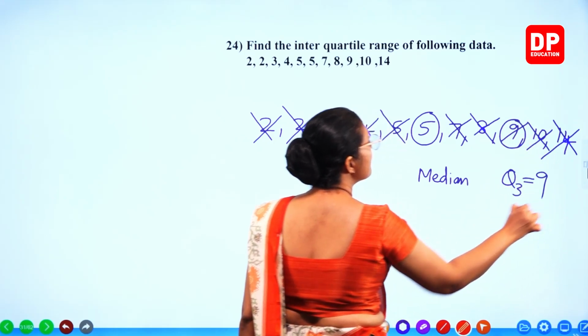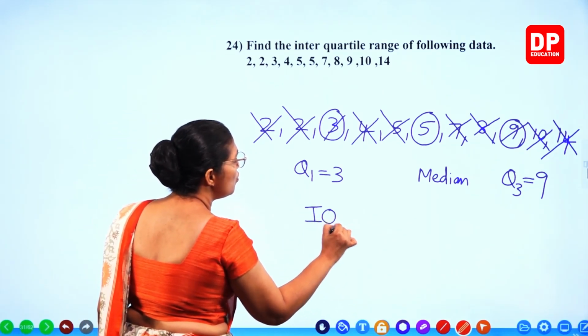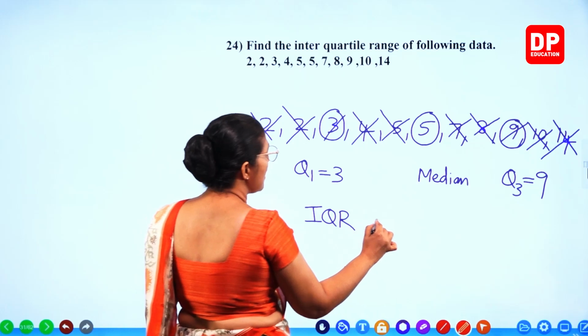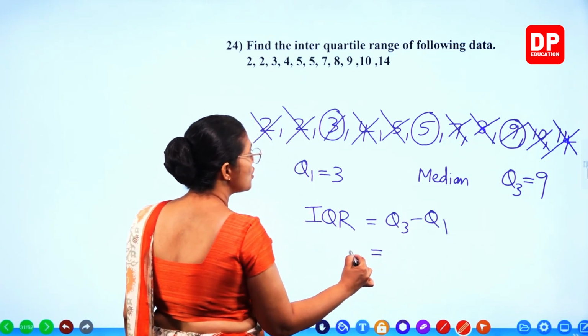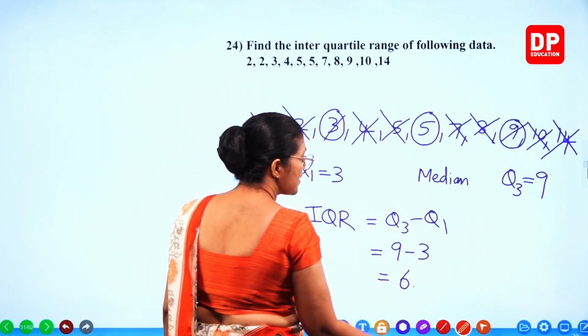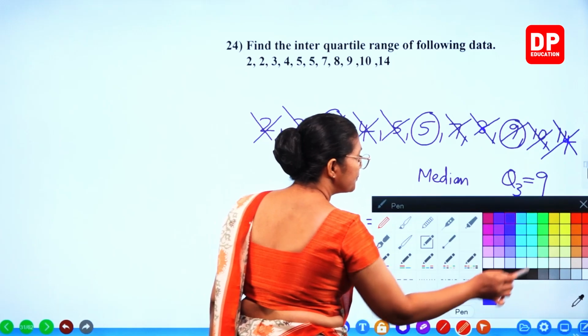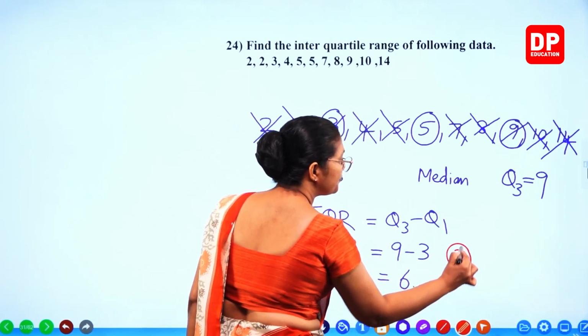That's 9. So the difference between the two quartiles, Q3 minus Q1, is the interquartile range. 9 minus 3, you get 6. So 2 marks for that.